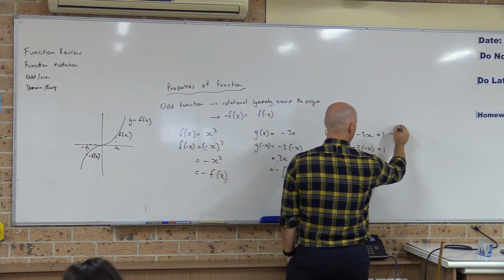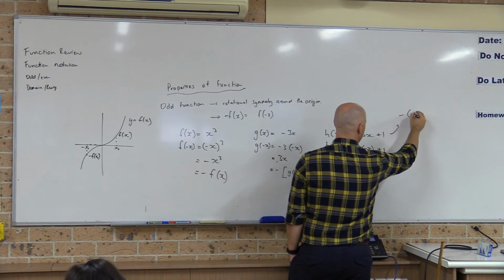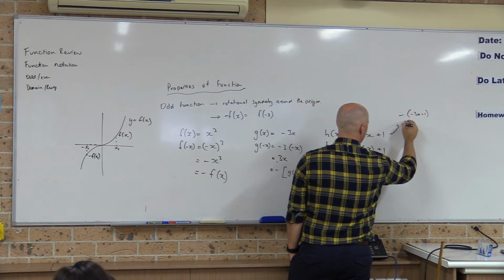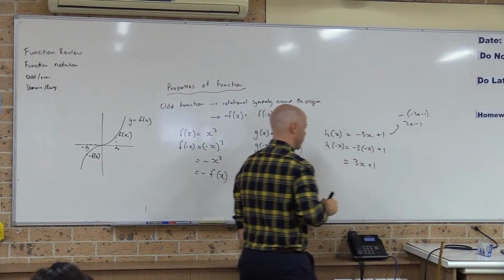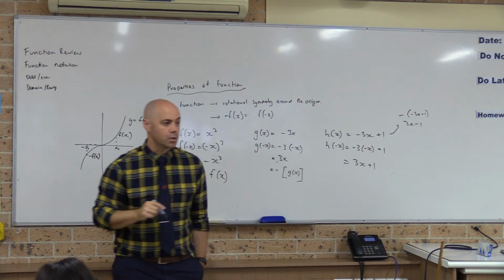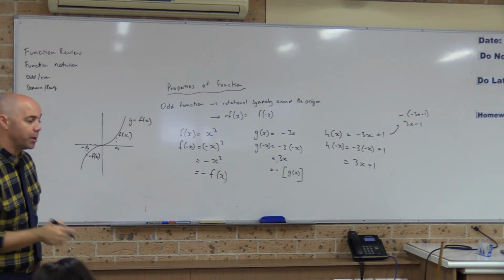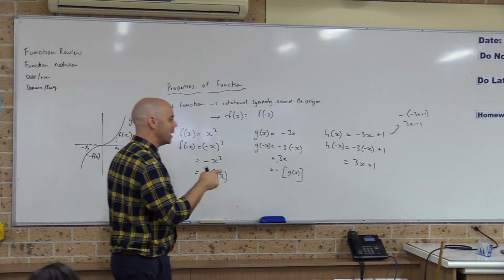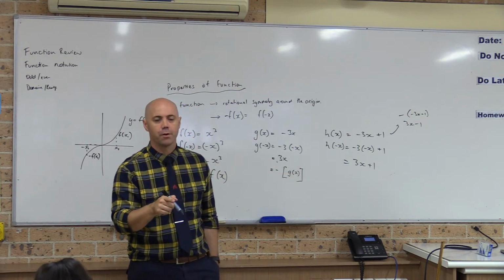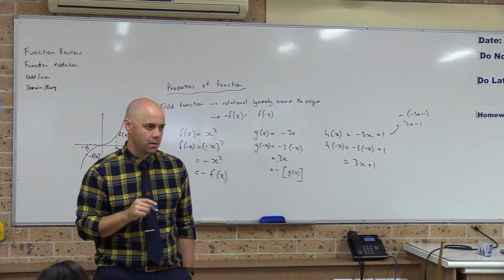And if I want to look at that, what is negative of negative 3x plus 1? That's 3x minus 1. And you can see they're not the same. So that function is not an odd function. Because when I put in negative x, it didn't give me exactly the same as the negative of h of x.